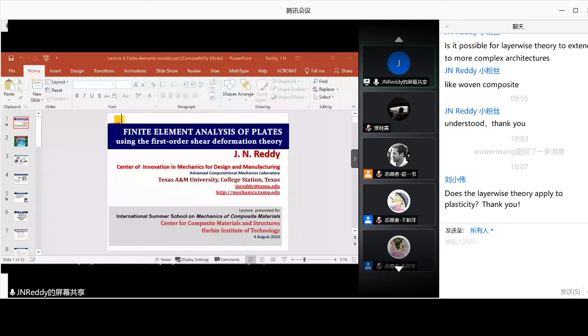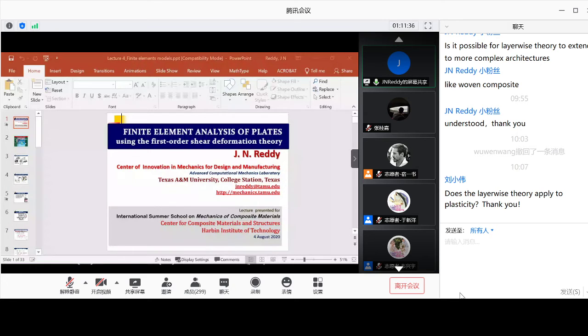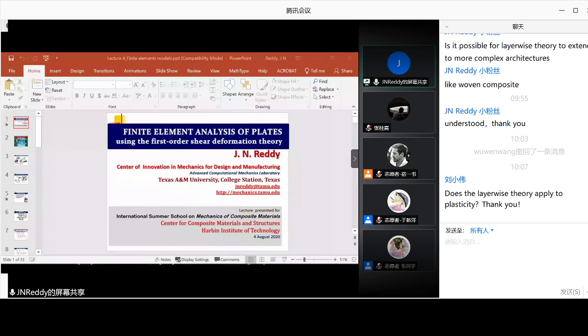So now, what are the contents of this lecture? It starts with the weak forms for the first order shear deformation theory. Those are statements resulting from the application of the principle of virtual displacements. Then we develop the finite element models.